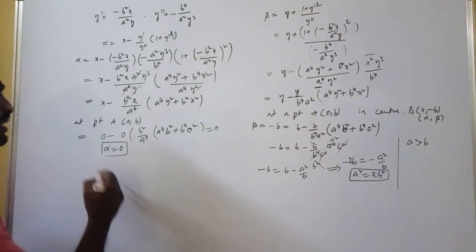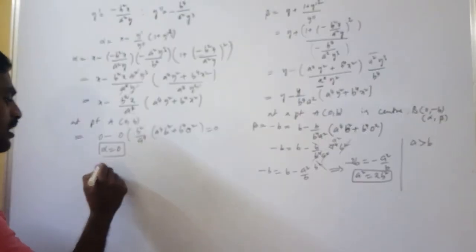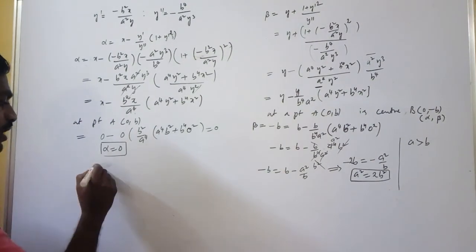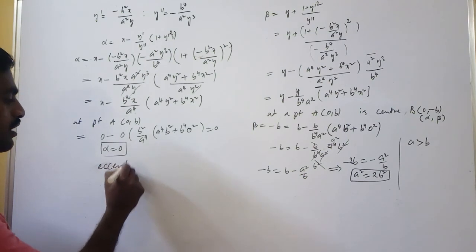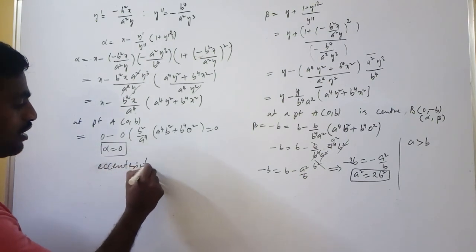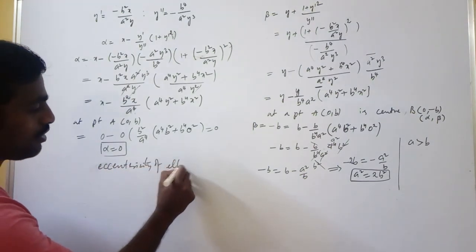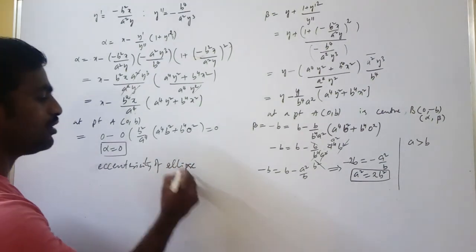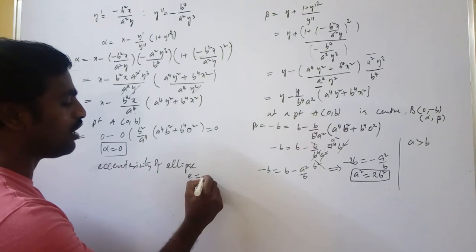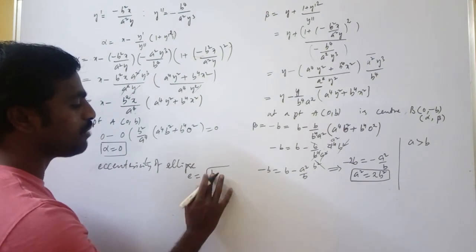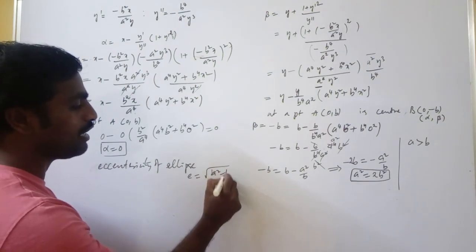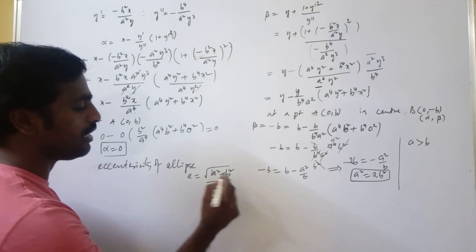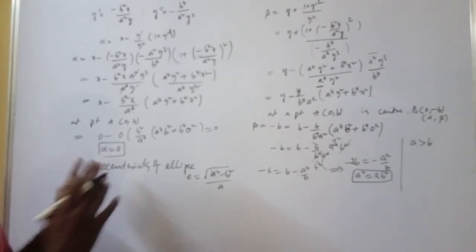Next we can determine the eccentricity of the ellipse. The eccentricity of the ellipse is e equal to under root of a square minus b square by a. Substitute the a value completely in this equation.